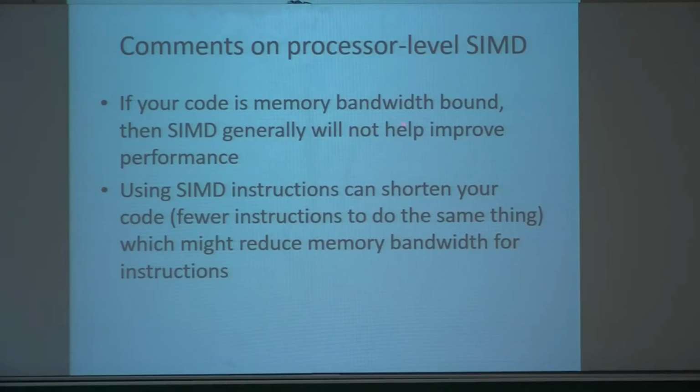One is that if your code is memory bandwidth bound, then using SIMD will not help improve performance. Right? So if your sparse matrix vector multiply is limited by how fast you can read the matrix A and read elements of X and maybe write out elements of Y, then using SIMD is not going to help. So this is where it's useful to know what the bandwidth capabilities of your machine are compared to other capabilities.